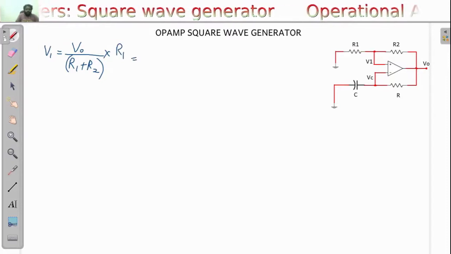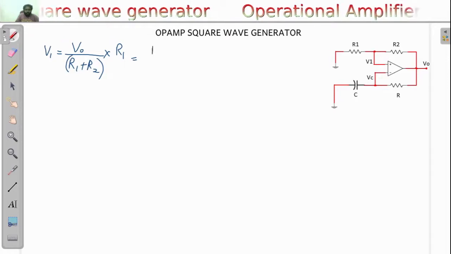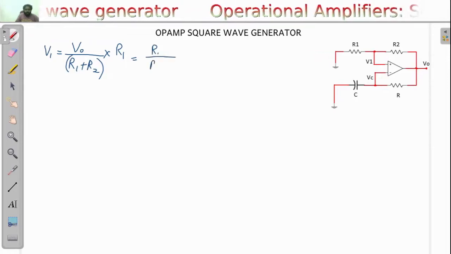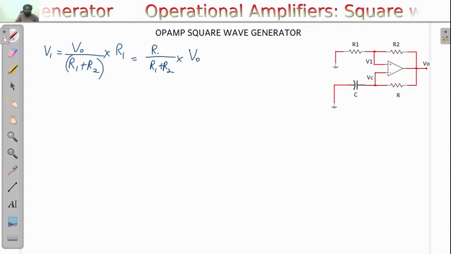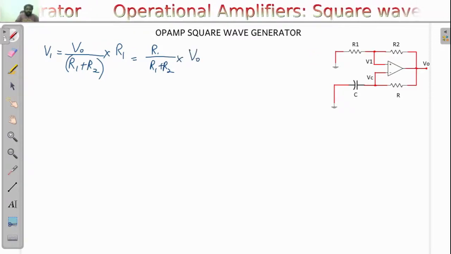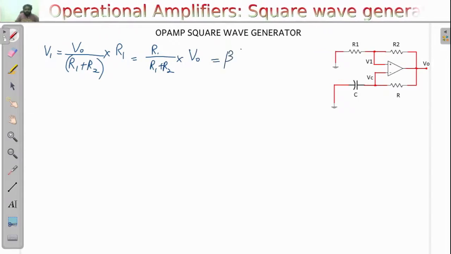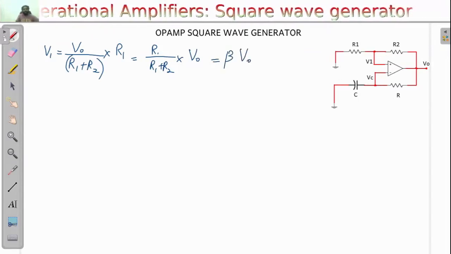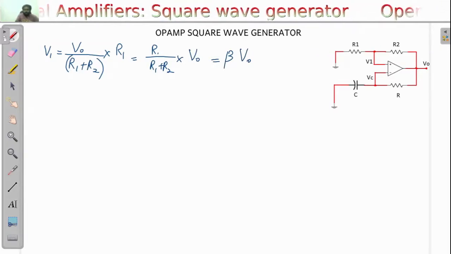I can rearrange this so that it is R1 divided by R1 plus R2 times VO, and this R1 divided by R1 plus R2 can be written as beta VO. So it is a fraction of the output voltage that appears at the non-inverting terminal.